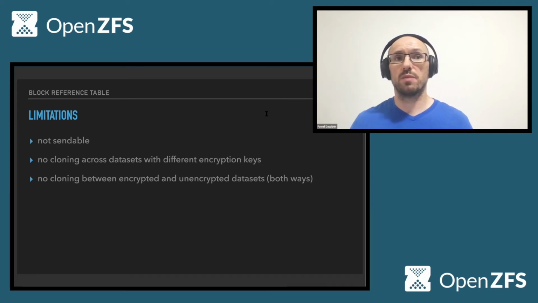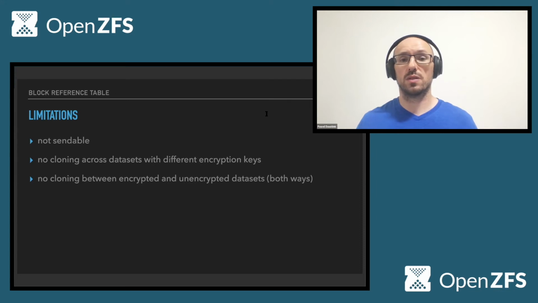But if it's a totally independent encryption key, then we won't be able to clone files between datasets with different keys. And of course, between a dataset that is not encrypted and a dataset that is encrypted, and the opposite.